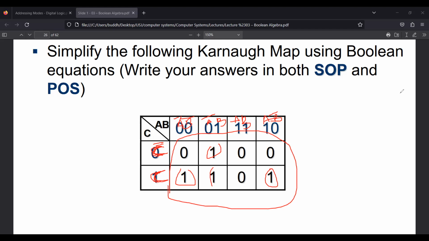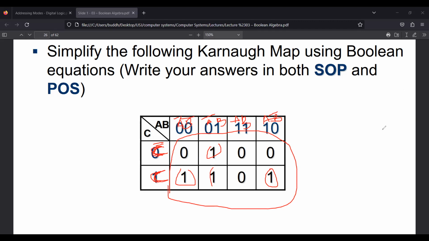Right, I got several answers. Some say A bar B plus C B bar, B plus B C bar. Right, let's consider. I'll explain the answer to you. Usually, when I am drawing a Karnaugh map, I will draw it like this.